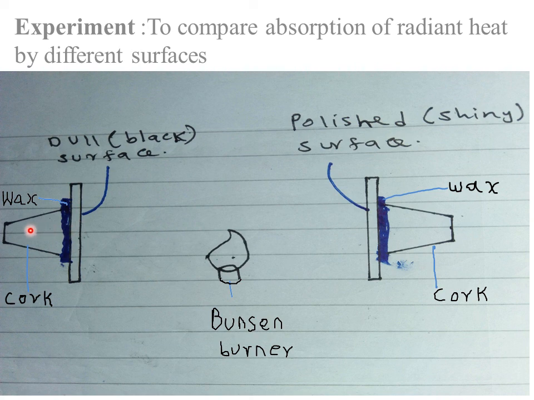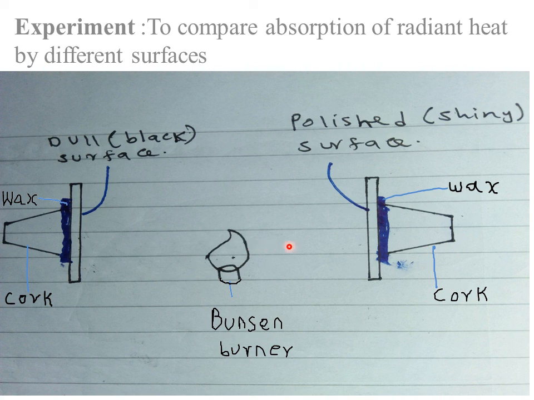So the cork is attached on the dull surface with wax, and also the same kind of cork is attached on the shiny or polished surface by wax. Then a source of heat is placed midway, at the midpoint. That is, the distance from the source of heat to the dull surface is the same as the distance from the source of heat to the shiny surface.